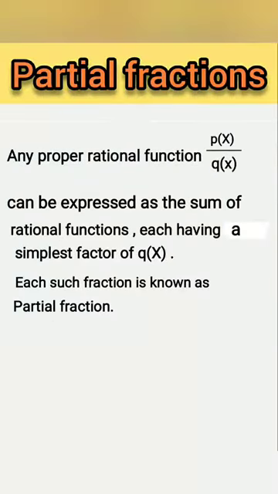Any proper rational function p(x) by q(x) can be expressed as the sum of rational functions, each having a simplest factor of q(x). Each such fraction is known as partial fraction. Now let us take an example to make this more clear.